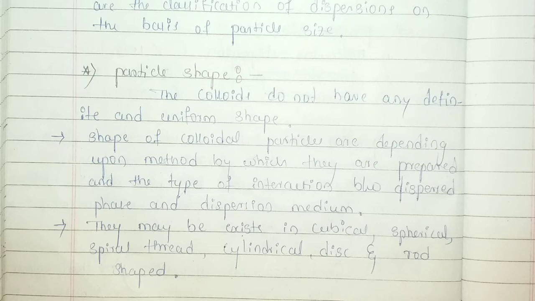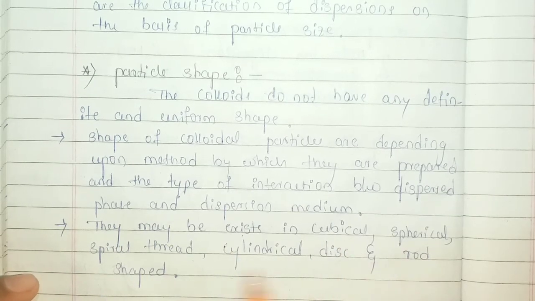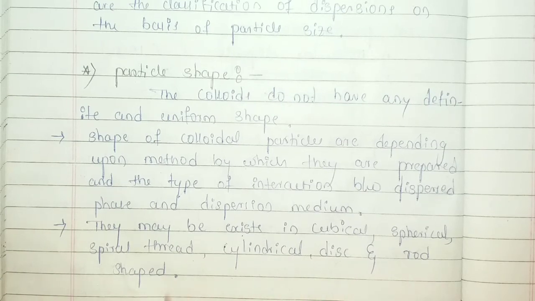On these two conditions the particle shape depends, and they may exist in cubic, spherical, spiral, thread, cylindrical, disc and rod shapes.